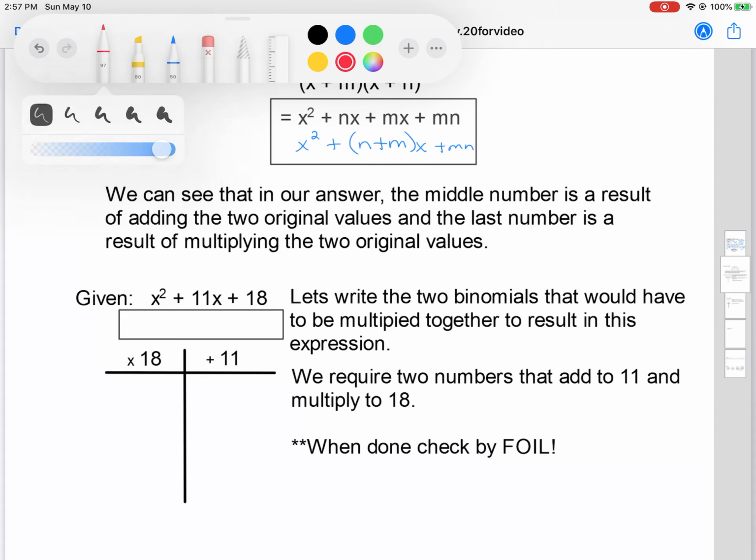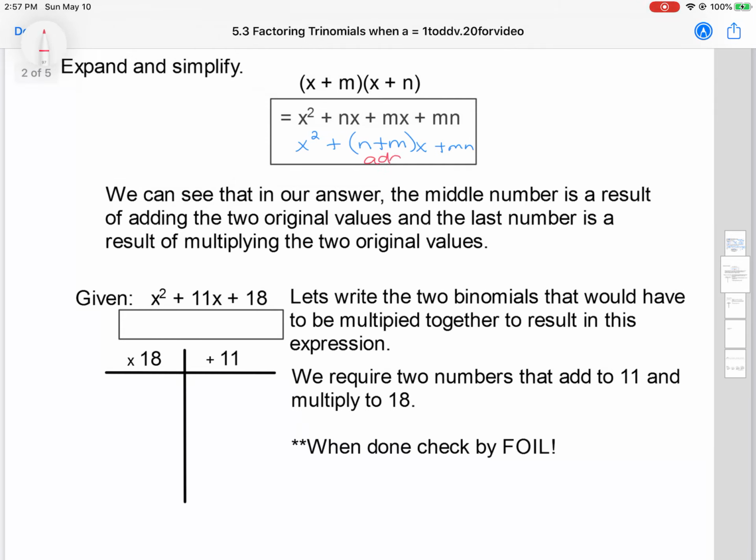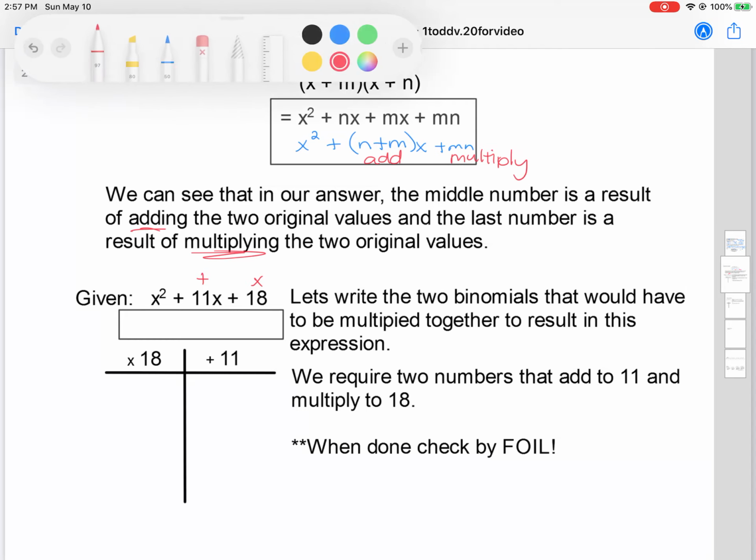We're going to talk about numbers that add to the middle term and multiply to the c term. And that's what it says here, adding and then multiplying. Okay, so when you're first learning to do this, if you want to write a plus and a multiply over top to help yourself remember, you can.